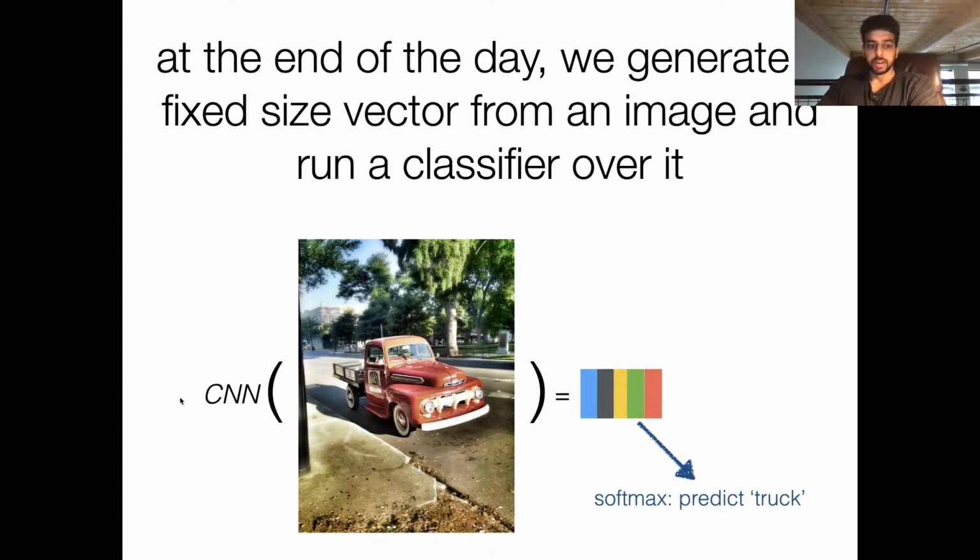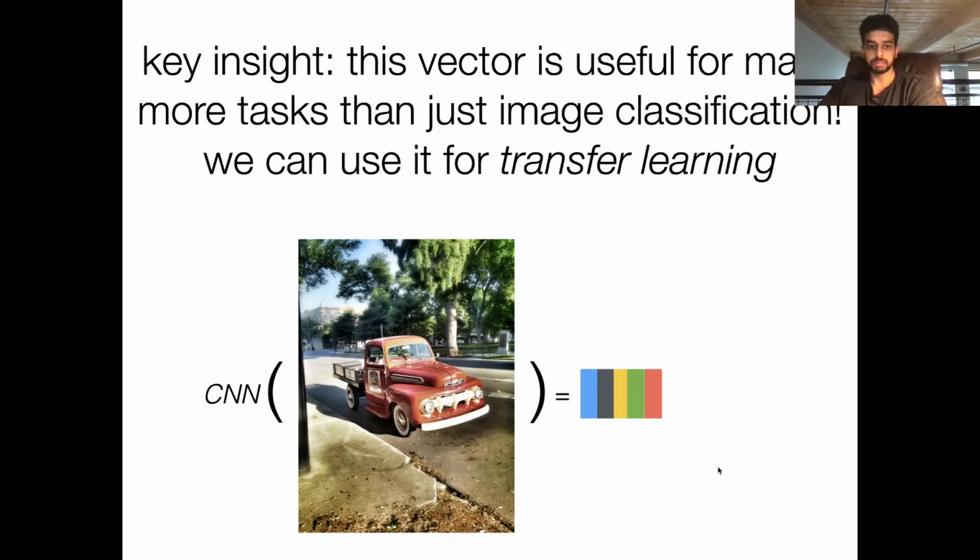So in the ImageNet case, we have our CNN, we get this vector, and then we feed it through a softmax layer to predict, like, truck probably would be the class of this image. But this is an instance of transfer learning when we start using this for different tasks. If I wanted to use it for, say, image captioning, then I would take a pre-trained CNN from ImageNet, use it to get a vector of the image, and then feed that vector into some sort of language generation model like an RNN or a transformer to produce the words of the caption.